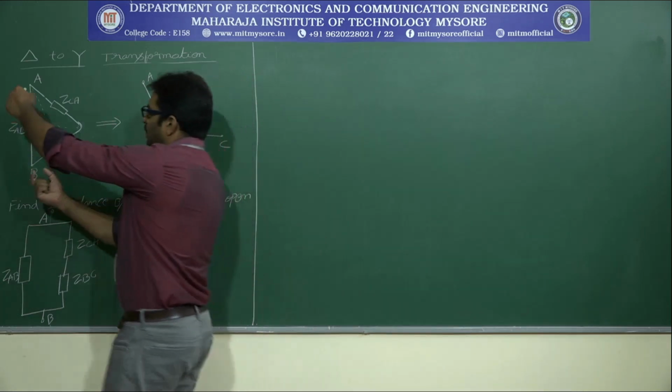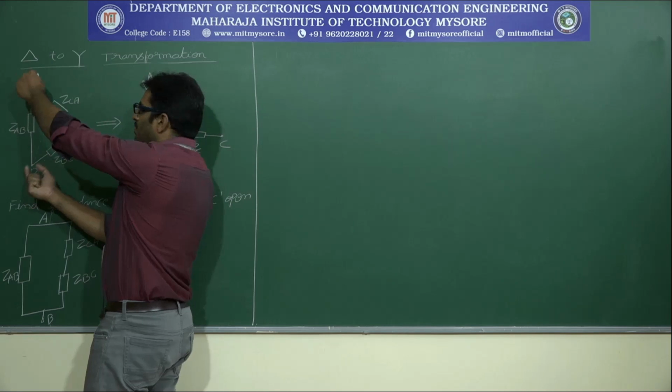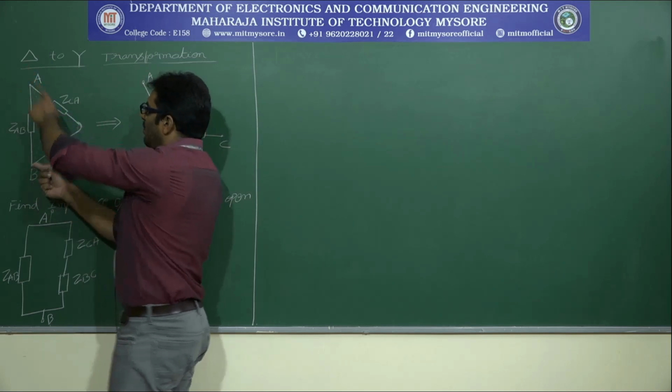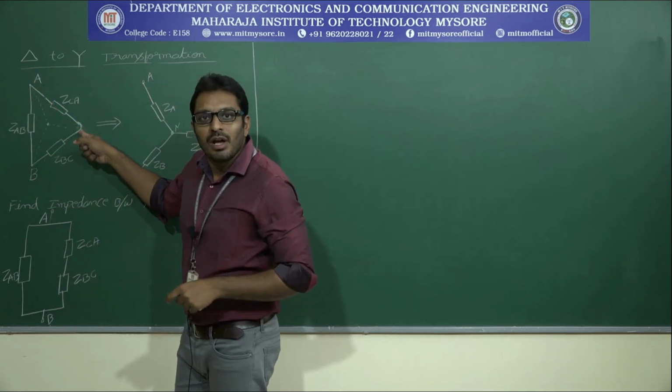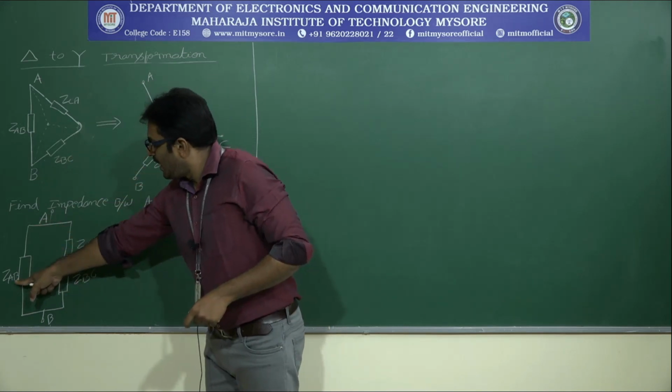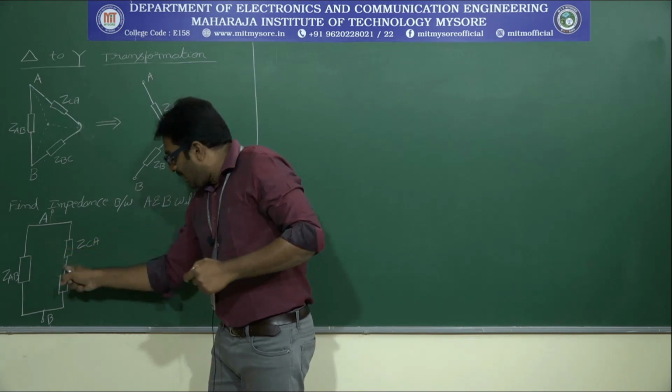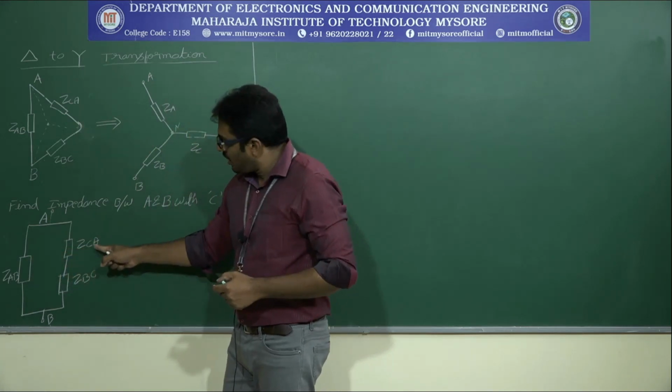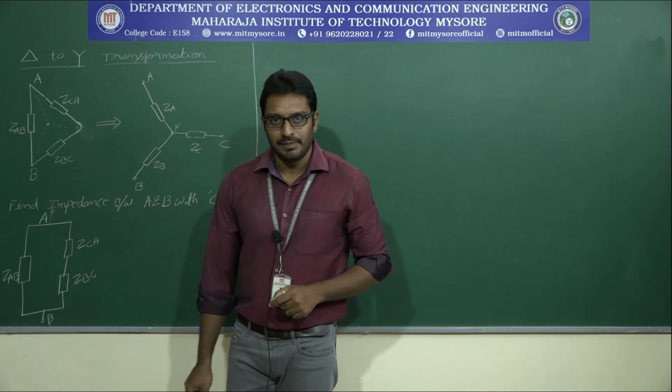Measure the impedance between A and B with C open. How will the circuit be? The circuit is like this: ZAB is connected in parallel with the series combination of ZCA and ZBC.